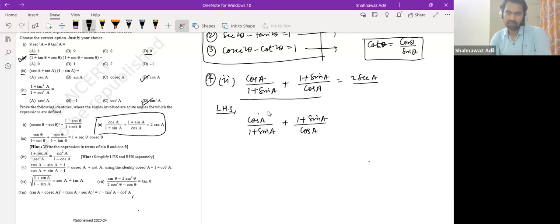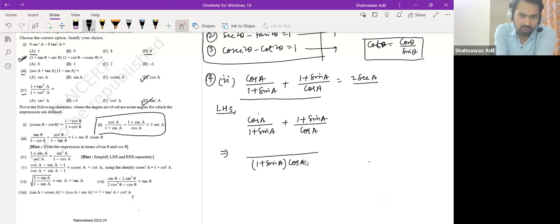So first we can simplify this, right? So we can take the LCM first. Correct. Now what would be here? So we divide this by this.